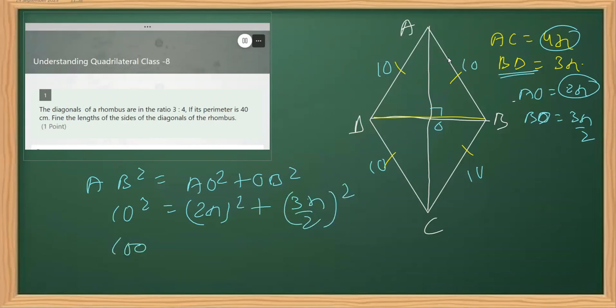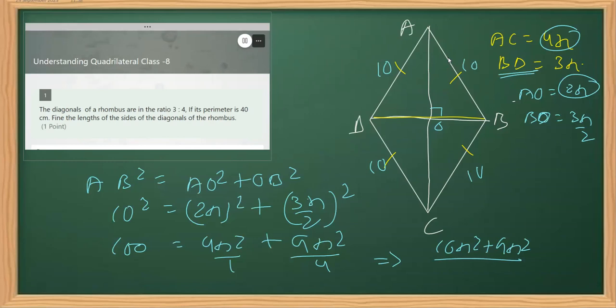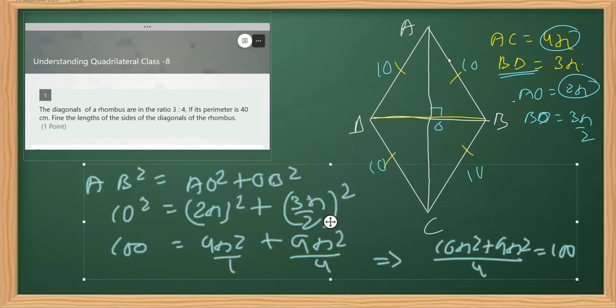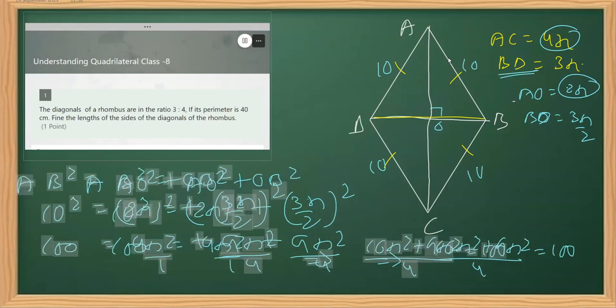This is 100. This is 4x square, and this comes out to be 9x square over 4. Now, further, I'm taking the LCM. This will give you 16x square plus 9x square, divided by 4, is equal to 100. For further simplification, we add these numbers.